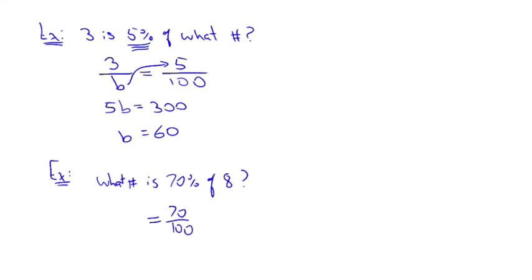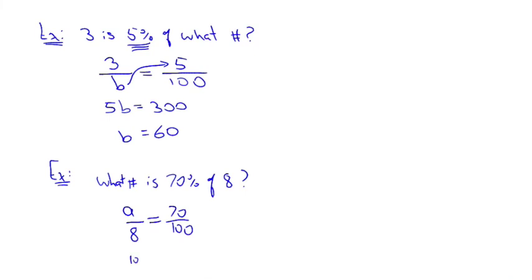Do I know the part of the number, or do I know the whole of the number? I know the whole. It says what number is 70% of 8? So the 8 is the whole, and what we're looking for is the top, which is A. A is the part of B. And then, of course, cross multiply and all that fun stuff.